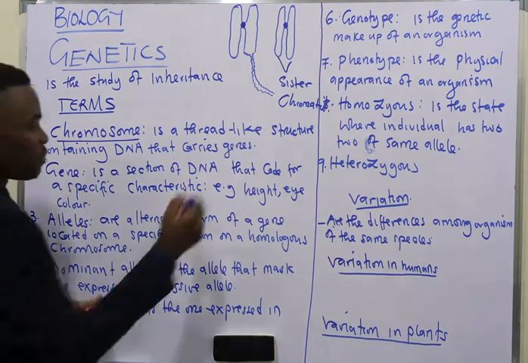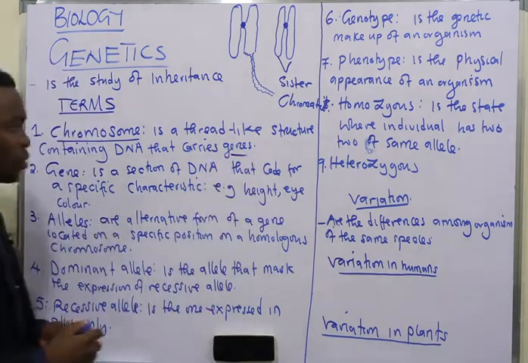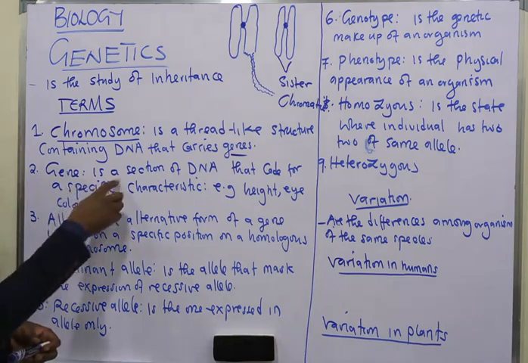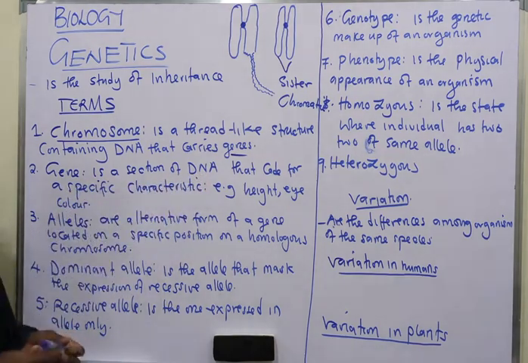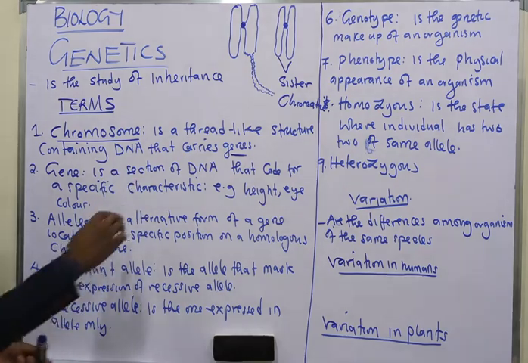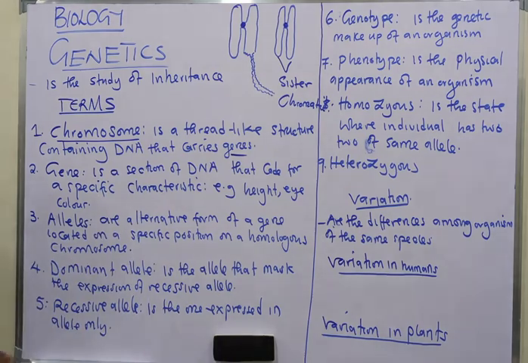Now, talking of genes, another term that you need to know is actually a gene. What is a gene, or what are genes? When you talk of a gene, it's simply a section of the DNA that codes for a specific characteristic, or a particular characteristic.